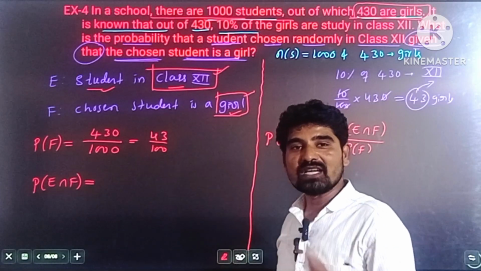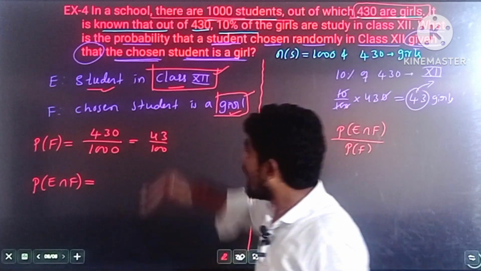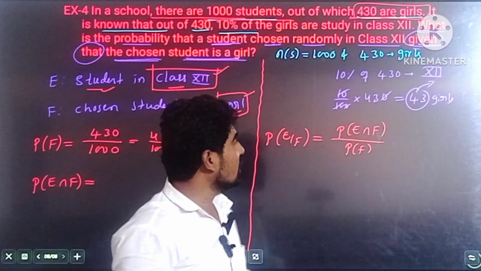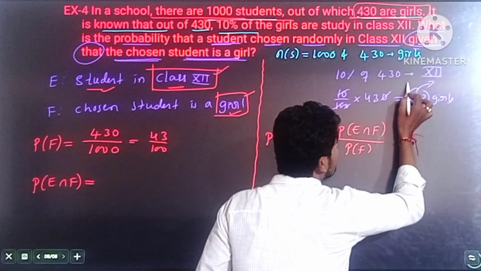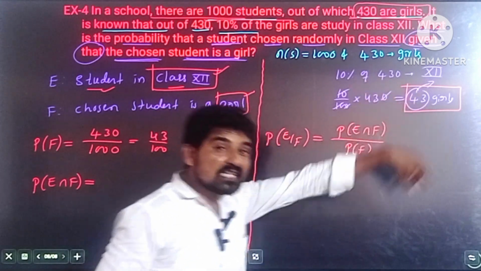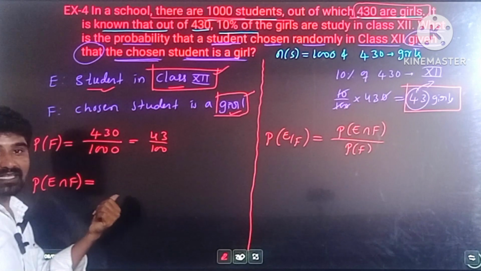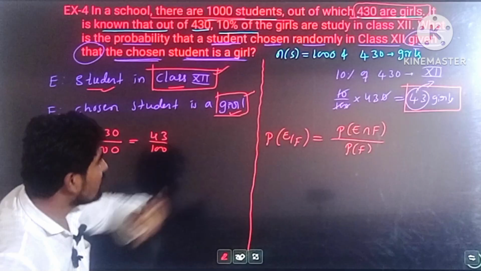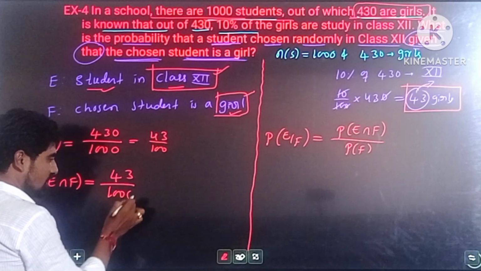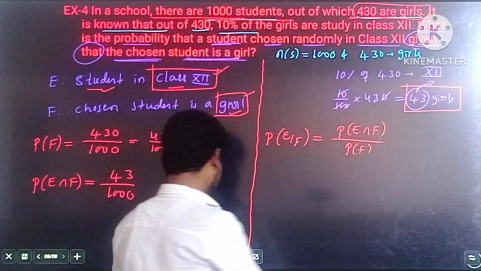The girls studying in class 12th exist in the event E intersection F, and we already calculated how many girls are studying in class 12th, that is 43. So these 43 girls exist in the event E intersection F, and its probability is 43 divided by 1,000. I hope all of you understood.